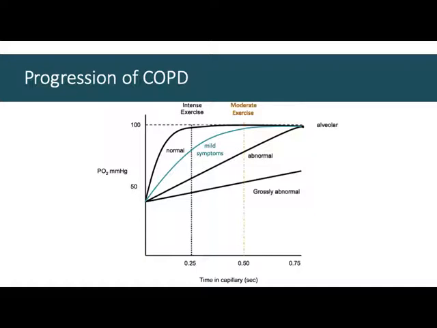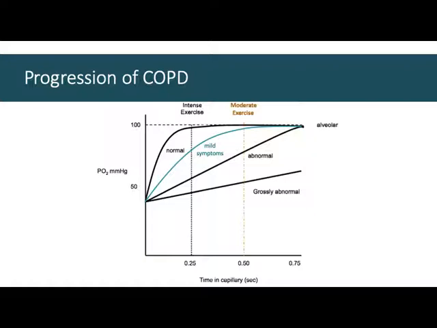As those symptoms worsen, you now can't even tolerate moderate exercise. In the abnormal case, you get incomplete diffusion of oxygen with intense and moderate exercise. Only the lightest activities of daily living are tenable.